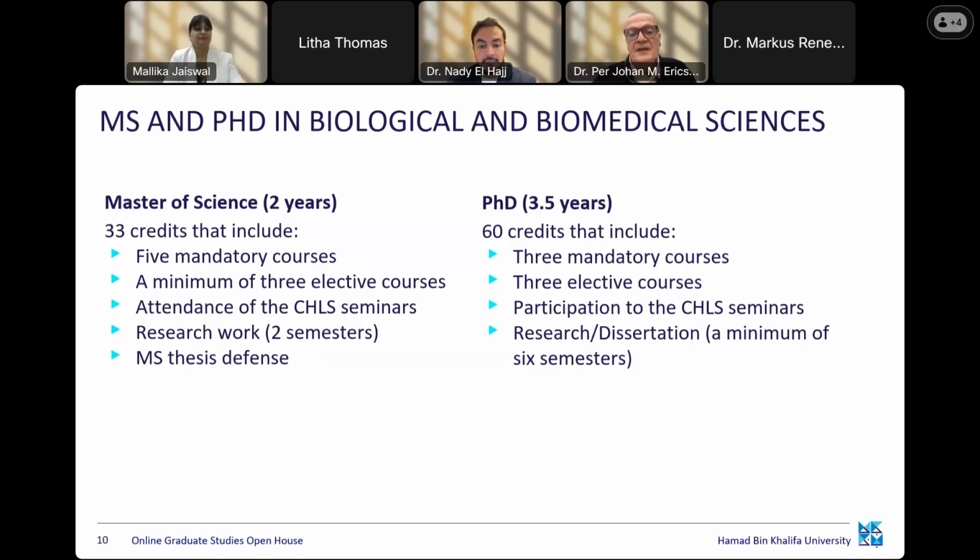Obviously, as pointed out by the Dean, creative thinking and problem solving are 2 important life skills, and they are vital in the area of biomedical research.